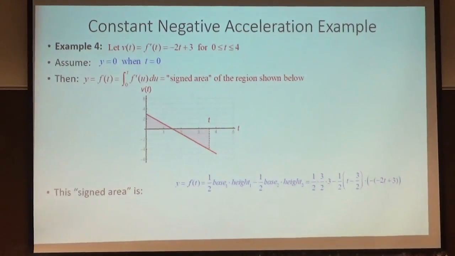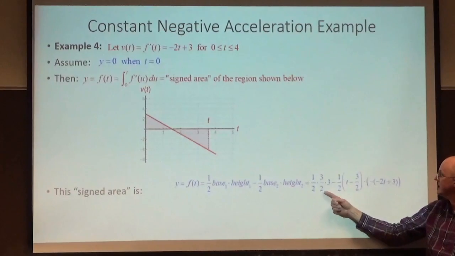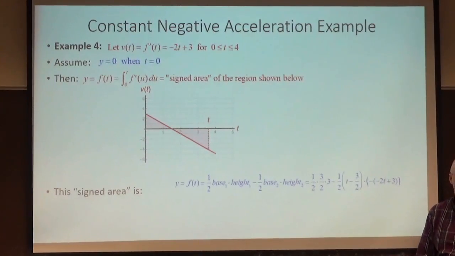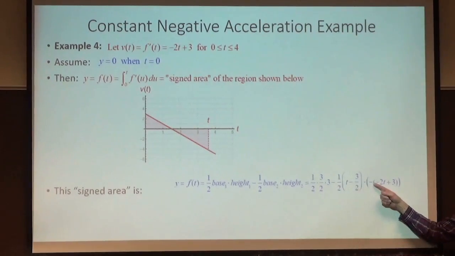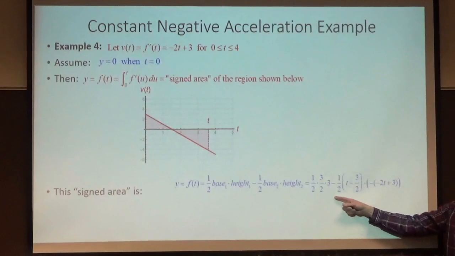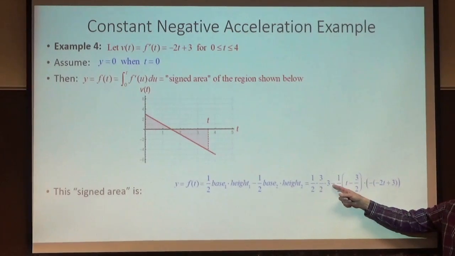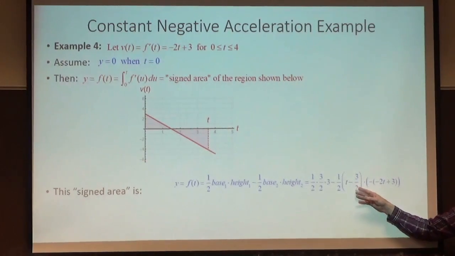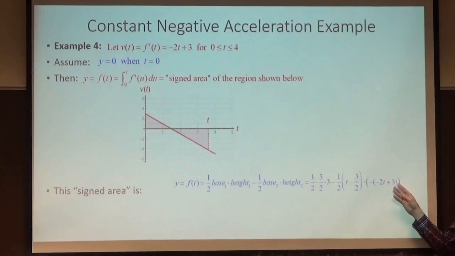Simplify. 1/2 times 3/2 times 3, it's going to be 9/4, 2.25, like I already mentioned. Minus this, I can bring this negative sign out in front and make it a plus sign there. And then just FOIL what's left, t minus 3/2 and negative 2t plus 3.